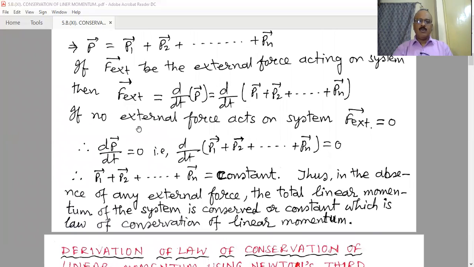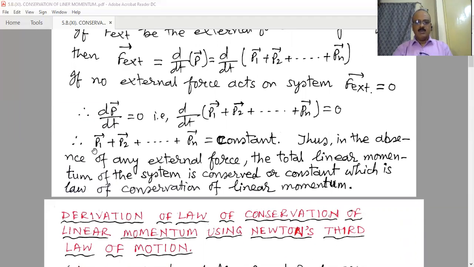In a similar way, if no external force acts on the system, that is F external is 0, then from this equation we can write d/dt of p1 vector plus p2 vector plus up to pn vector equals 0. This indicates the sum of p1 plus p2 plus up to pn is equal to a constant, because when the differentiation of any quantity is 0, that quantity is constant.